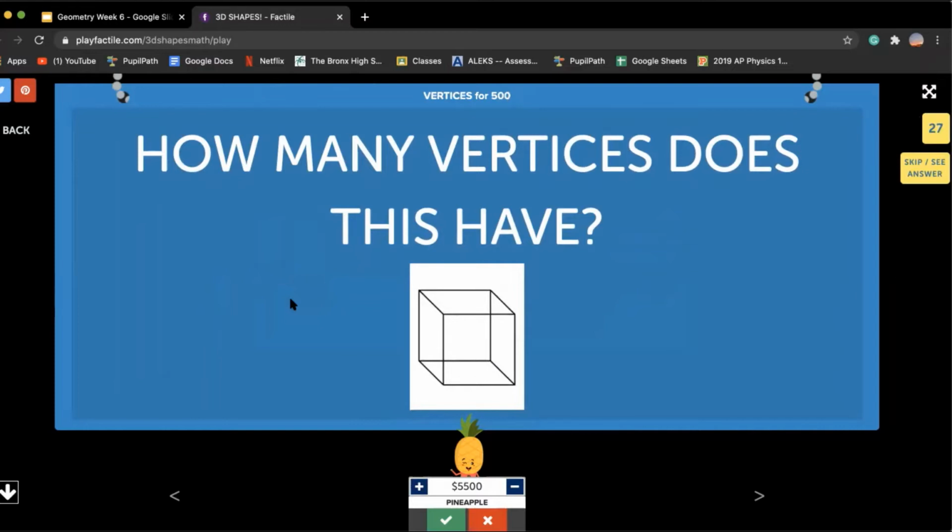How many vertices does this have? This has 8, but let's check to make sure. 1 here, 2, 3, 4, 5, 6, 7, 8.